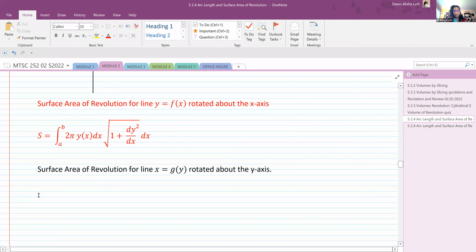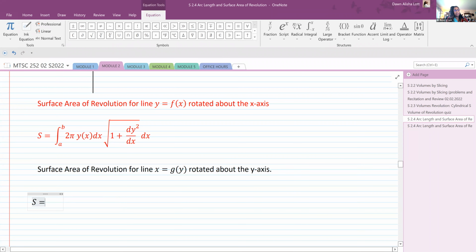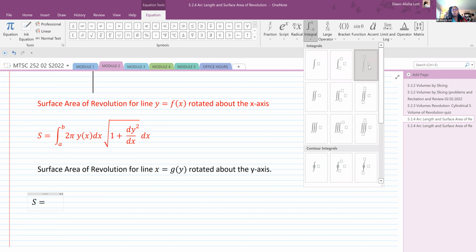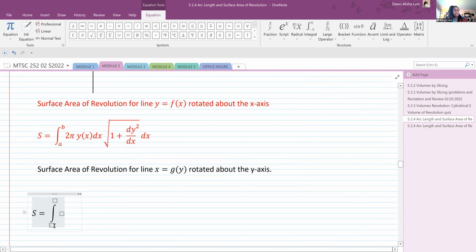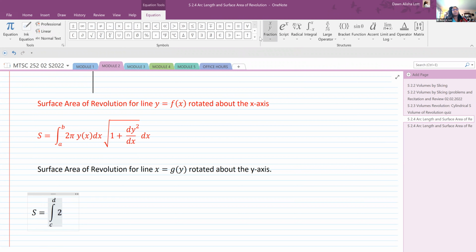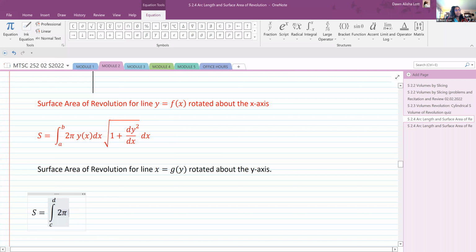All right, we're going to have s equal to the integral, and we're still going to have that same integral. But now we're going from y, so we're going to do c to d. We always use c and d. And then this is going to be 2 times pi times x of y.